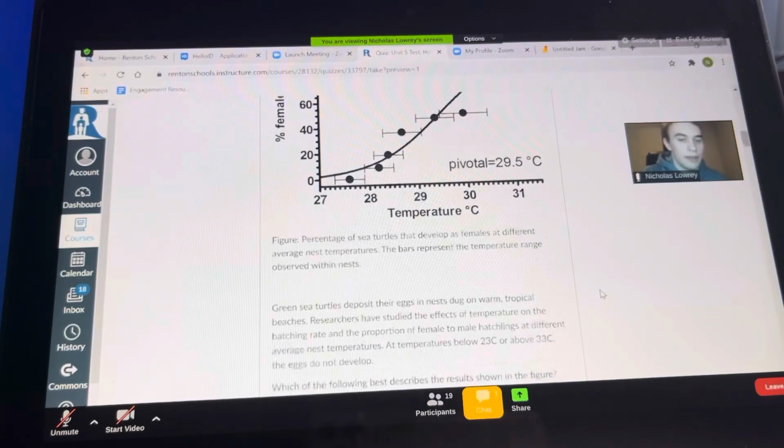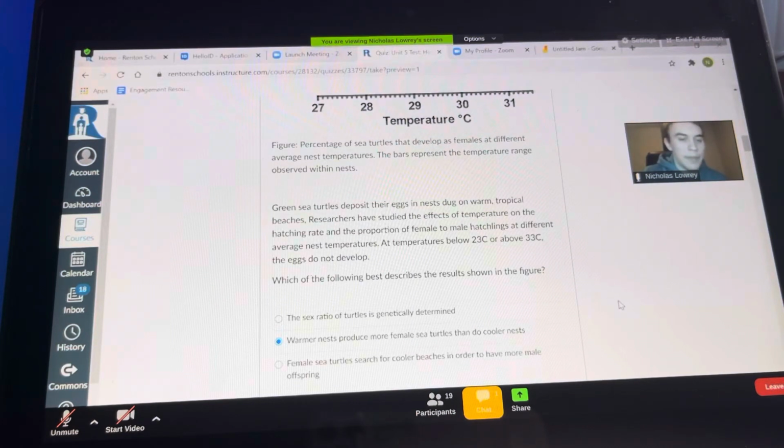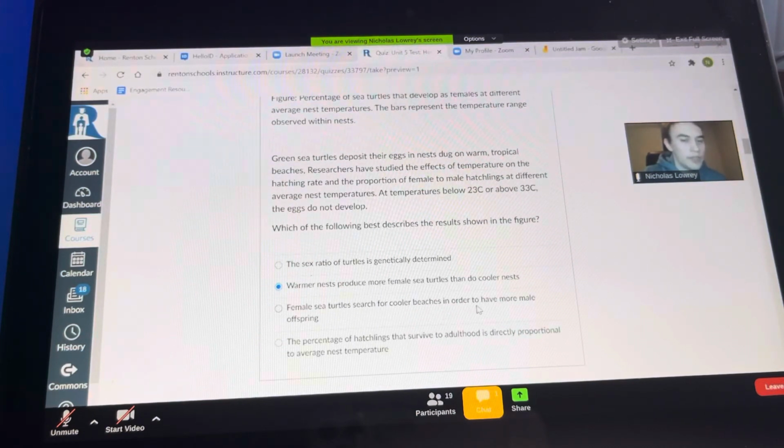So you can't make that assumption based off of the results shown. And then female sea turtles search for cooler beaches in order to have more male offspring. You can't know that female sea turtles do that. It doesn't say that, like, you know, they react to different temperatures and go different places.